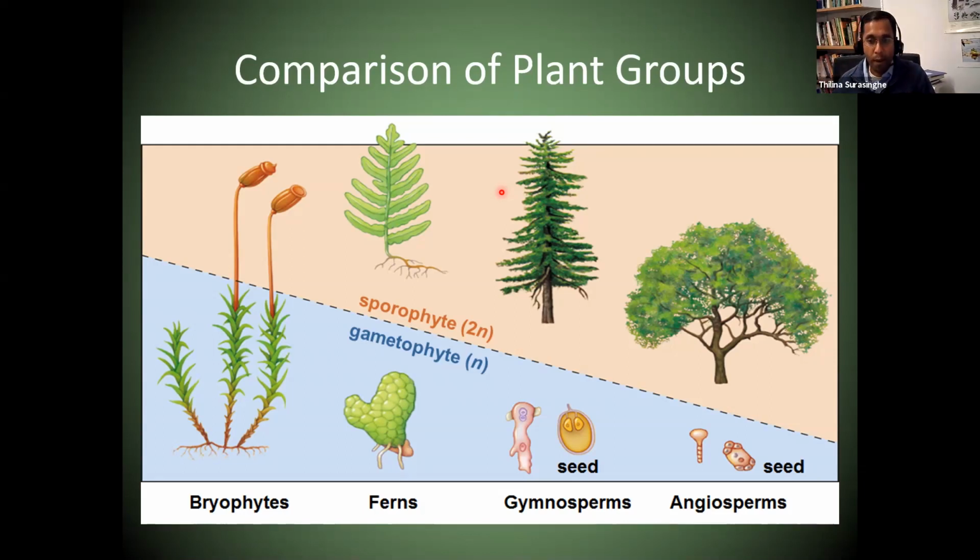Sporophyte has a longer lifespan. So when you move from very basal plants like bryophytes to more derived, recently evolved plants like flowering plants, the prominence, the size, and the lifespan of gametophytes versus sporophytes differ.